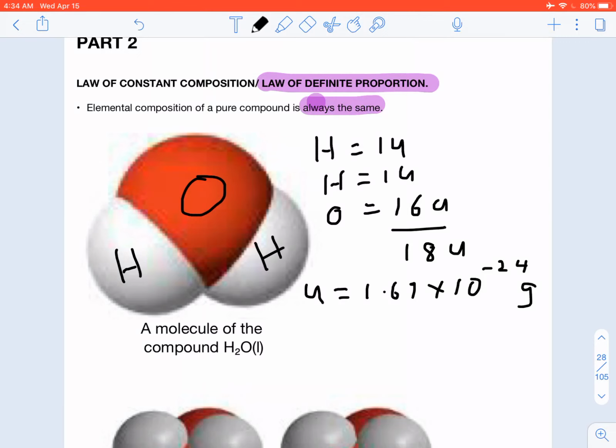So instead of saying that the mass of one molecule of water is 18 times 1.67 times 10 to the minus 24 grams, we just use the atomic mass unit and said it's 18 U for the molecule H2O.